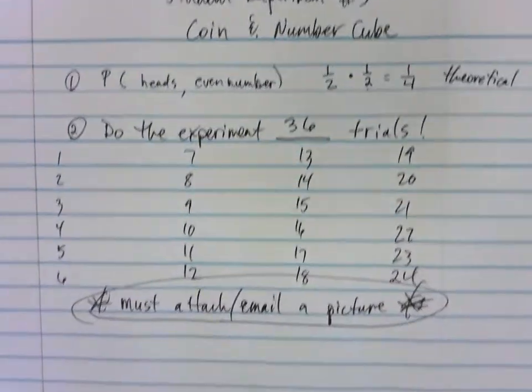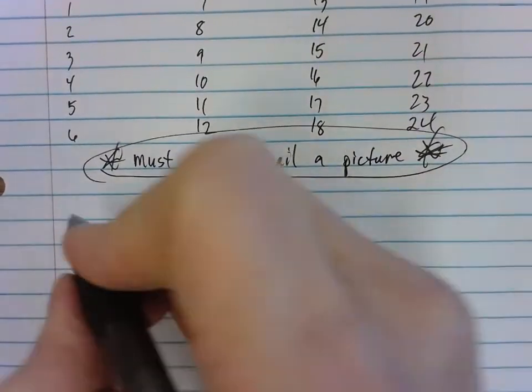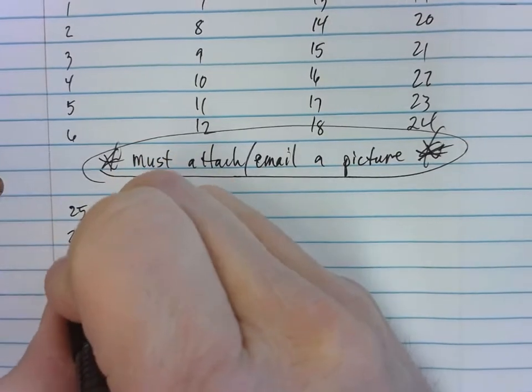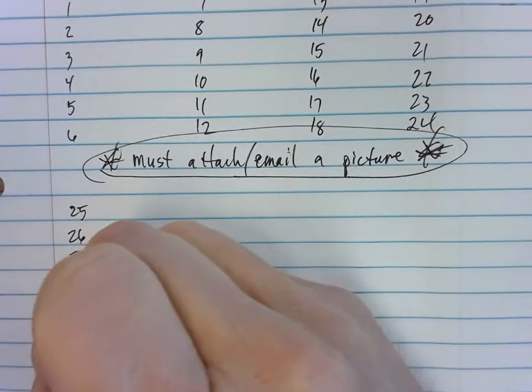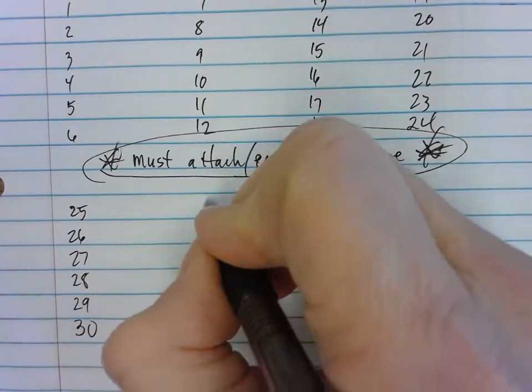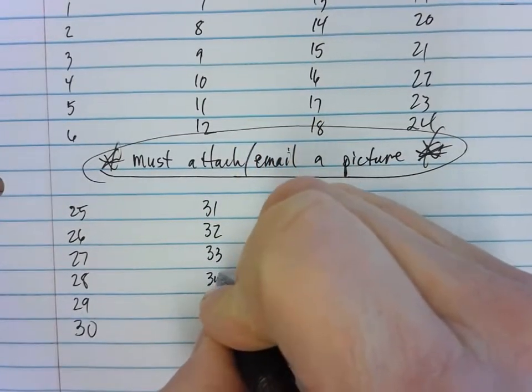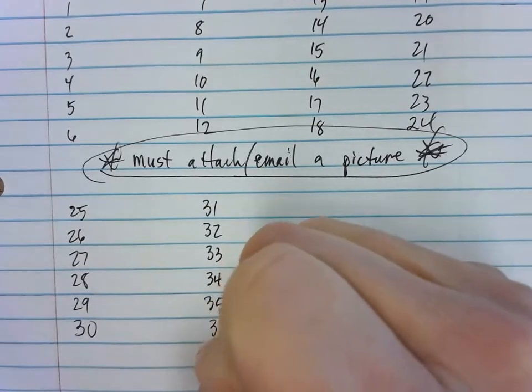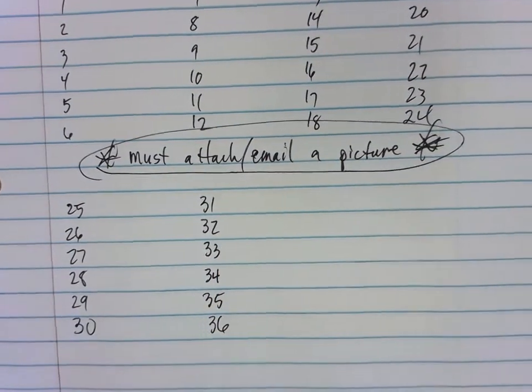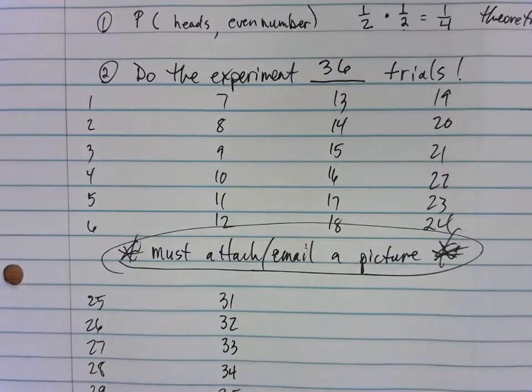And you might have to go down here and go 25, 26, 27, 28, 29, 30, 31, 33, 34, 36. Okay, so you need a number 36, and you're going to do this experiment.